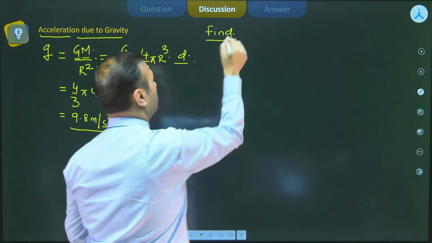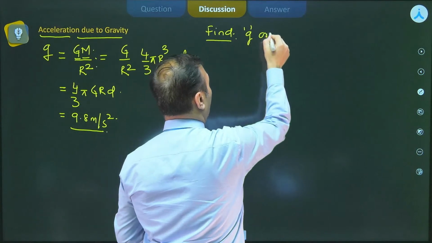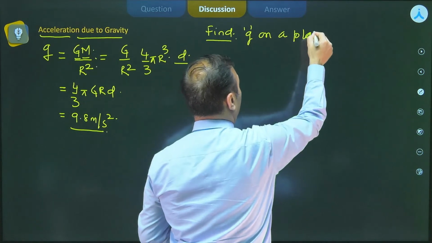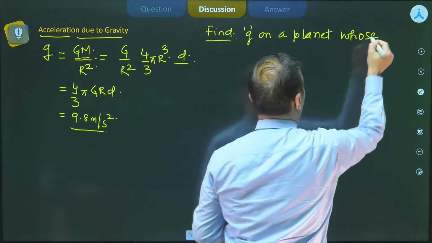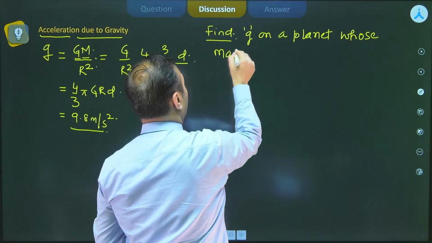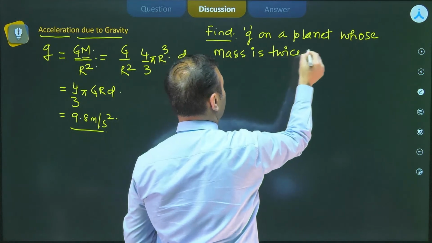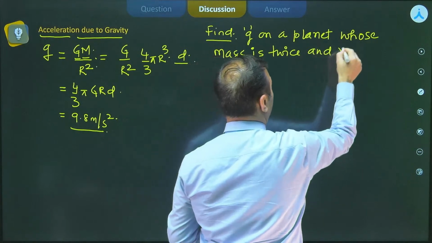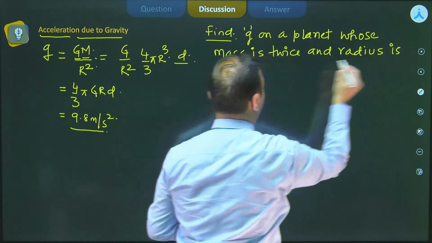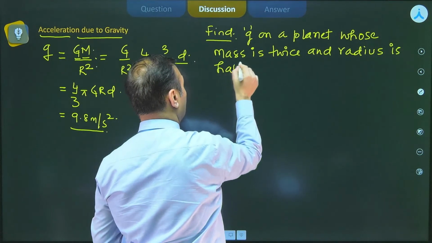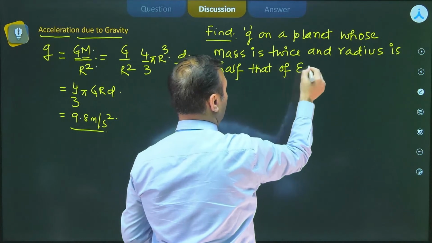I am giving you a very simple question. Find acceleration due to gravity on a planet whose mass is twice and radius is half that of Earth.